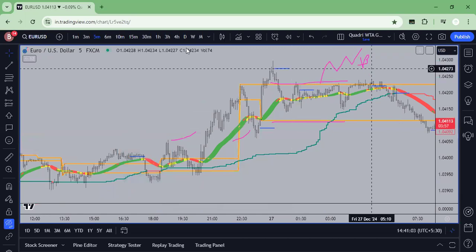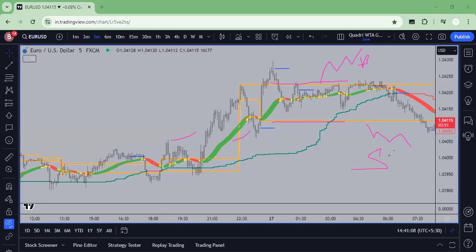So this is the buy zone, and if price goes below this one, this would be a sell zone. Sell zone means we would only look for selling opportunities below this yellow level, and we would only look for buying opportunities above this particular level. It has only one single purpose, and whenever the price is in between, we would not initiate any trade.